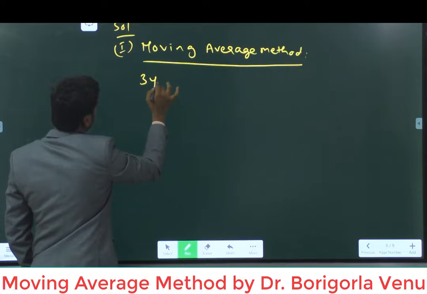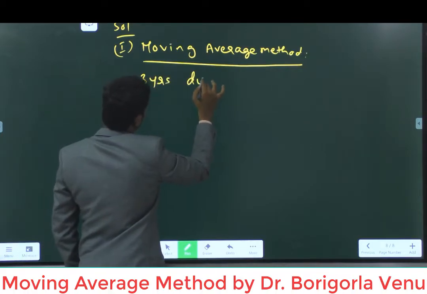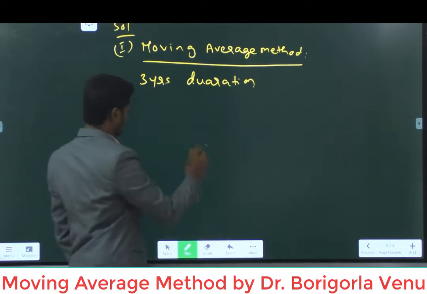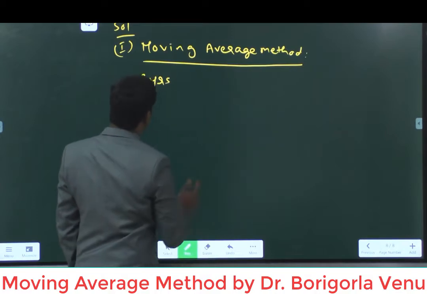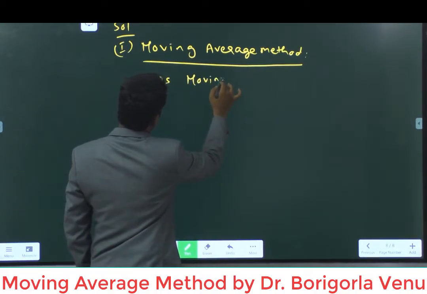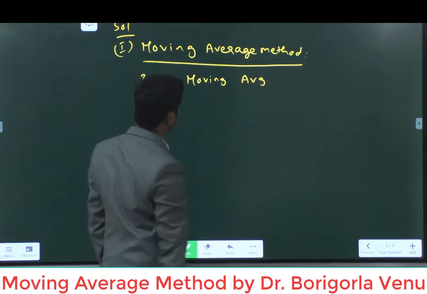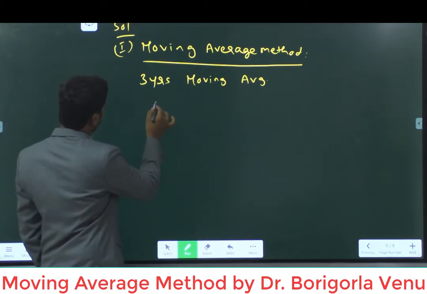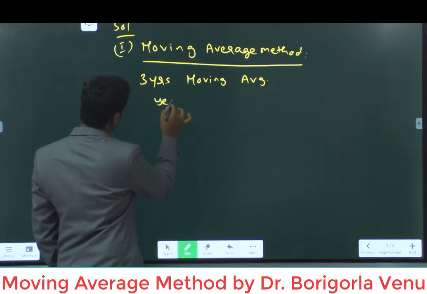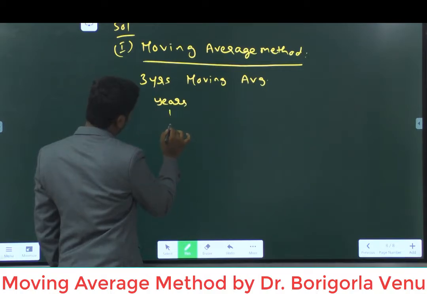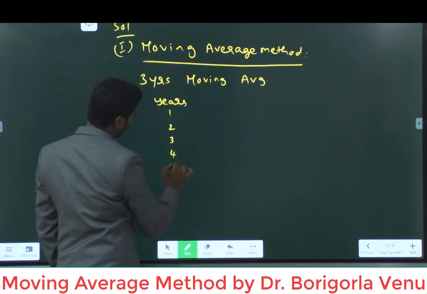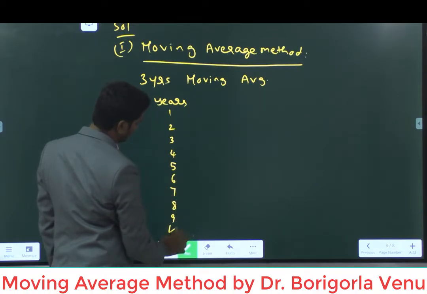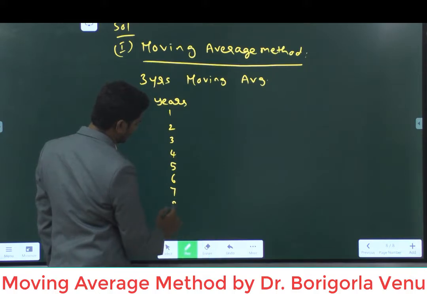For the 3 years duration, that is the 3 years moving average, I am going to calculate here. First I take the number of years, that is 1, 2, 3, 4, 5, 6, 7, 8, 9, 10. This is our given data. 10 years is our given data.